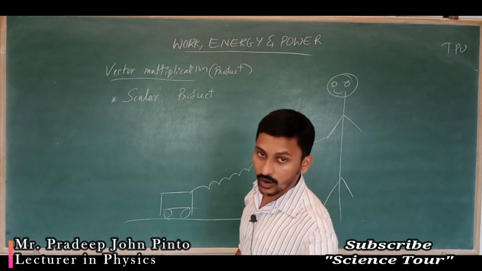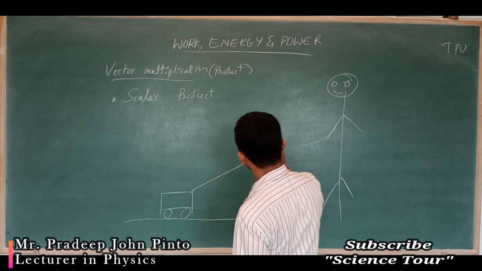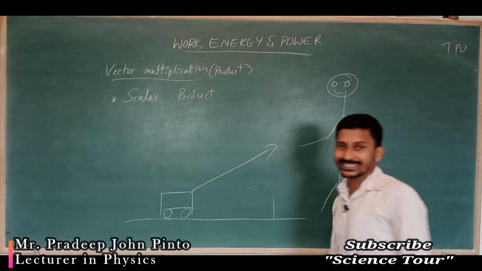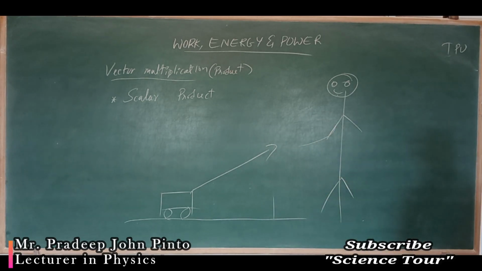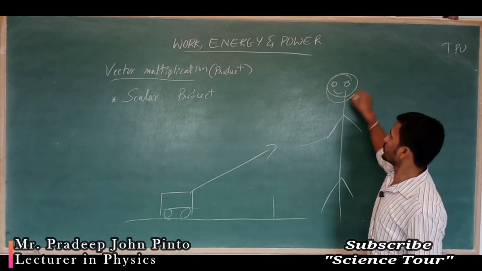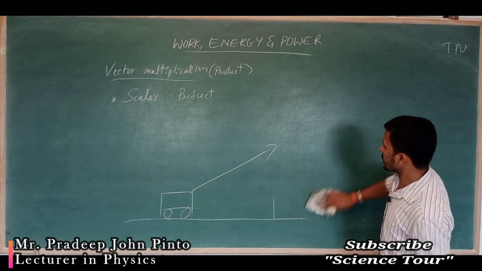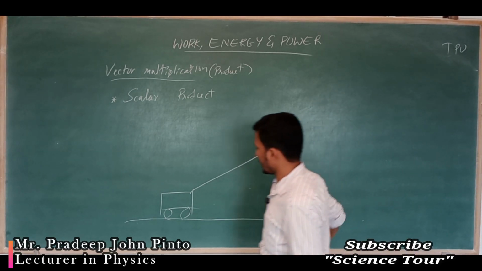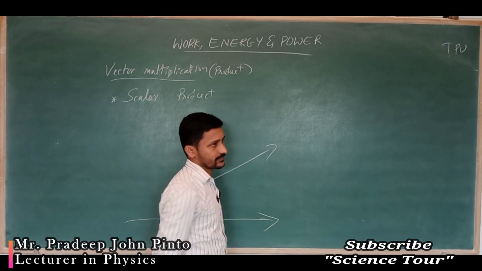So if I draw it as a diagram, the force vector will be in this way. But do you think the toy is moving in this direction? No, it is not moving in this direction. It is actually moving in the horizontal direction. Why?